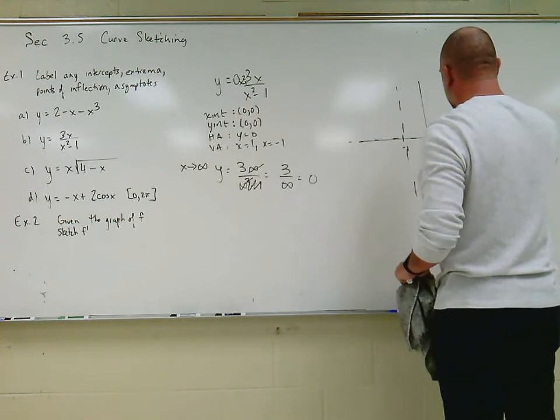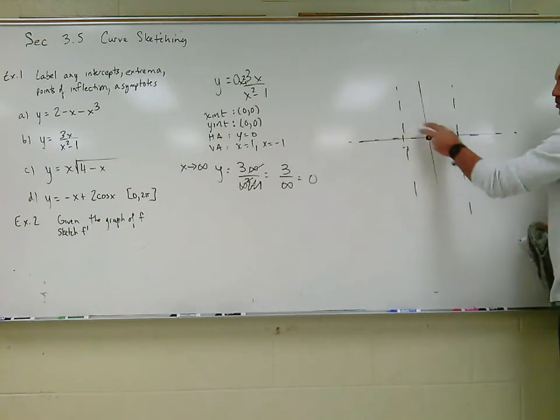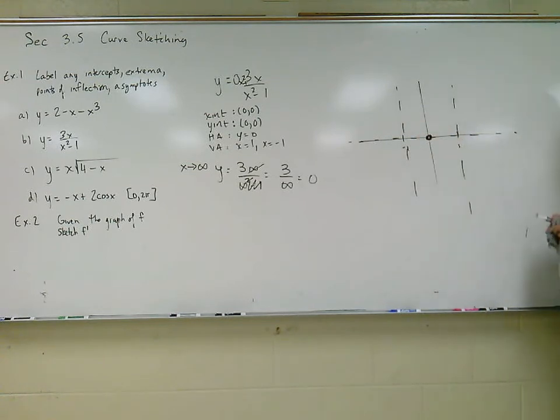The x-intercept is 0, 0. Now, it is possible to cross a horizontal asymptote close to the origin, okay? Now, what we could do from here is test some points just to see what the graph is doing. Way out here at 2, I know it doesn't cross the x-axis anymore.